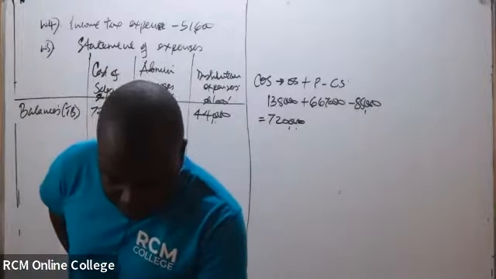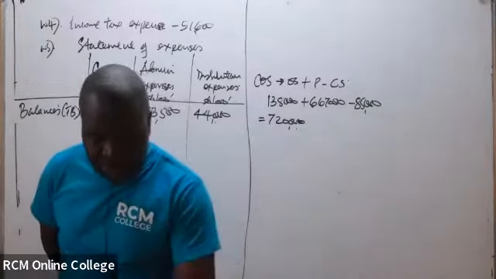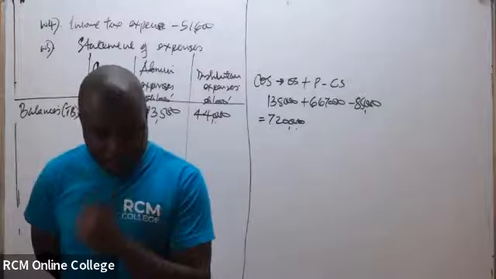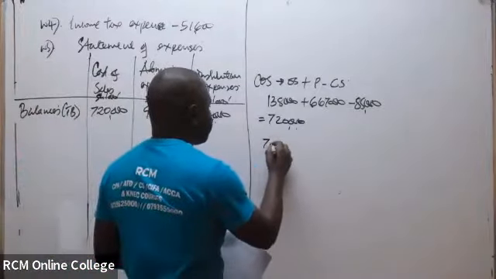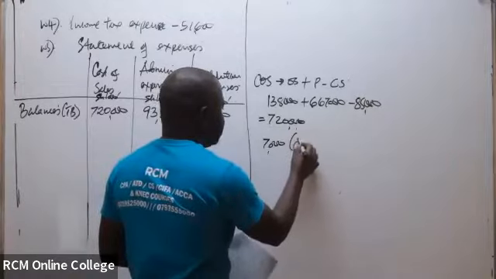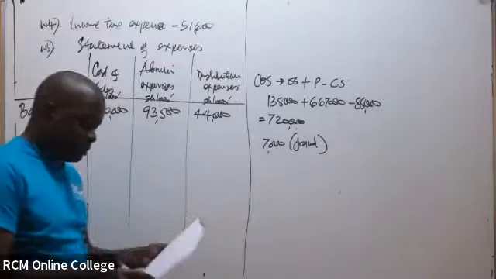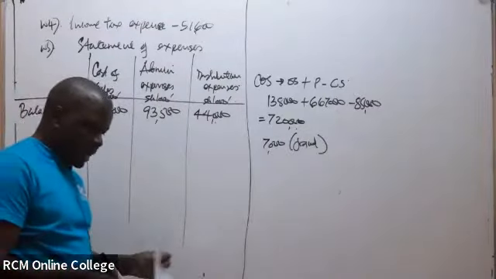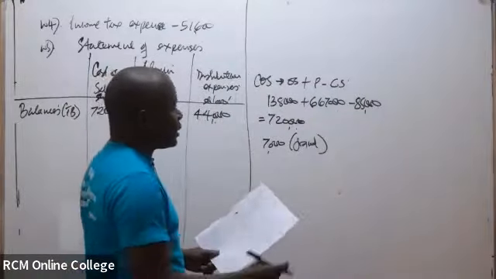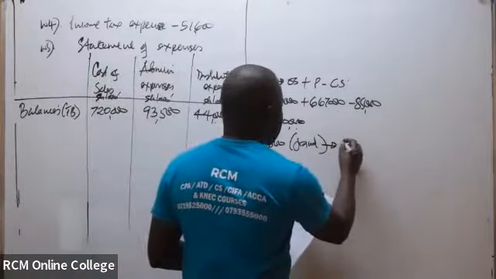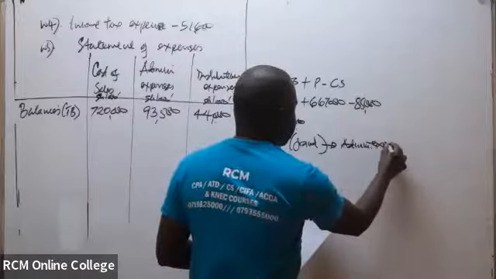And then if you look at what we had computed as working number three, there was that amount involving 7 million, which was a fraud by, is it the finance manager? It was a fraud by the financial controller. And I advised that this one will go under admin expenses for this particular year.